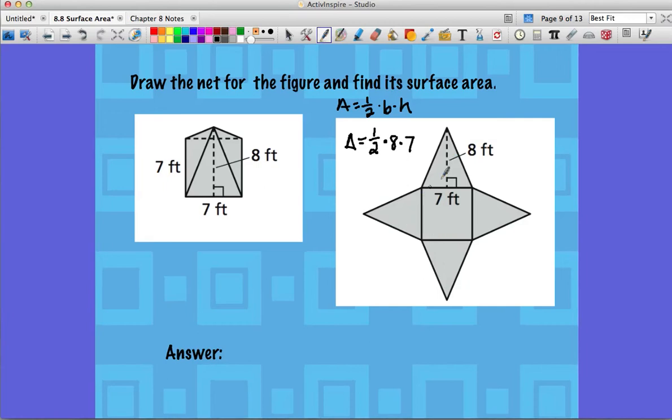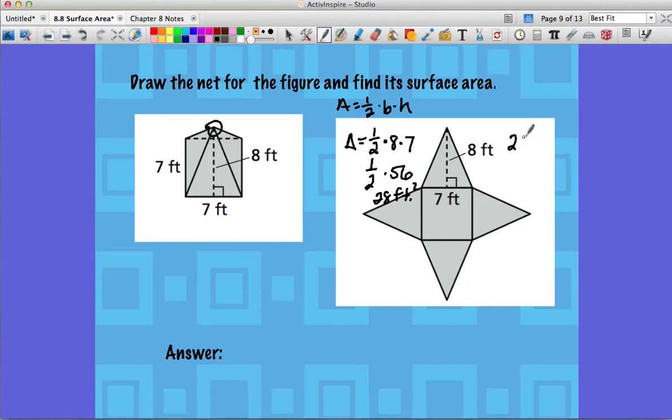Now you know each of these has to be congruent because each base is 7, and each of these has to be 8 feet tall in order to meet at this point at the top. So we have half of 56. And half of 56 is going to give us 28 feet squared.